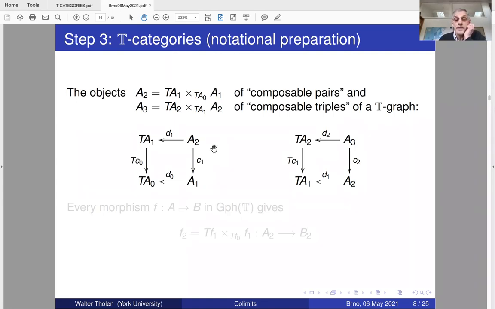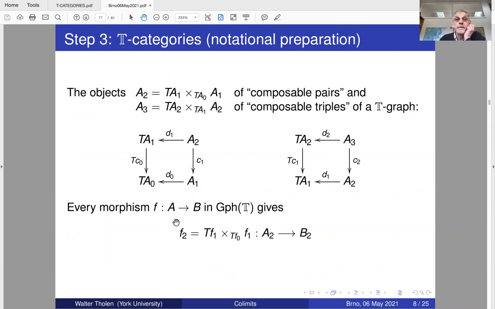All this is just defined by pullback to make sure that the pairs compose correctly. And you have to play the same game at the level of morphisms.